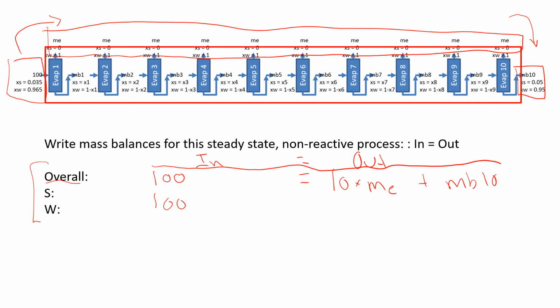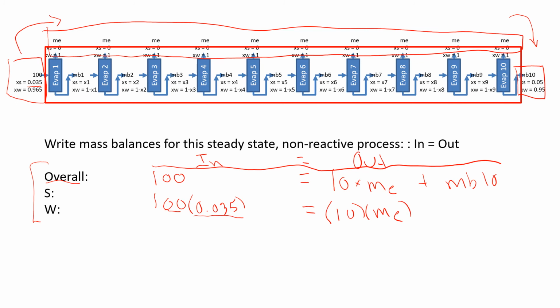I can look over in the table here, or on the process flow diagram, and I see it's 0.035. It has a mass fraction of salt of 0.035. So the total flow rate, which is 100, times the fraction which is salt, gives me the amount of salt that's an input to that control volume. There are no other inputs that we identified when we did the overall balance, so we're just going to set that equal to the output. And we're going to take each of the outputs, the first one is 10 times ME, and multiply that by the fraction of that stream which is salt.